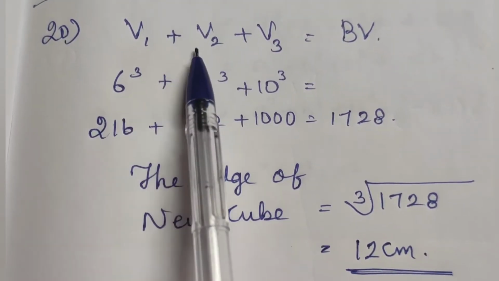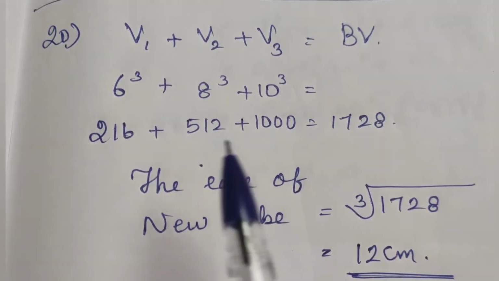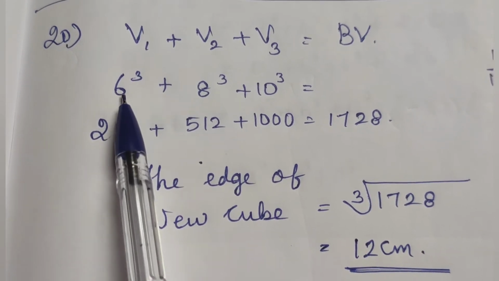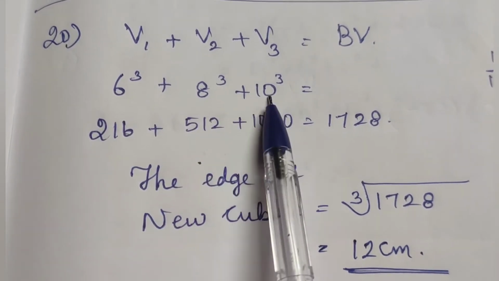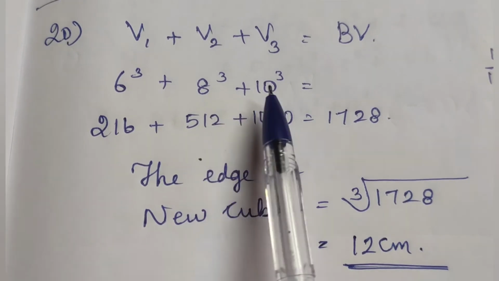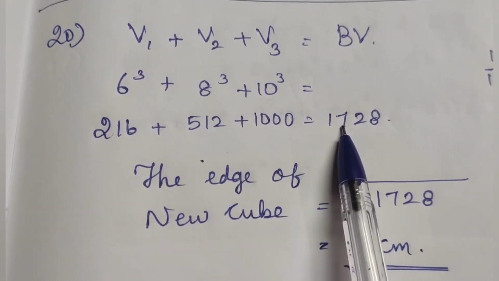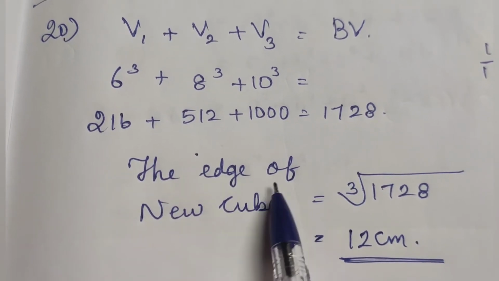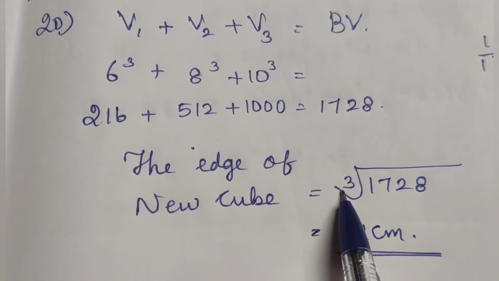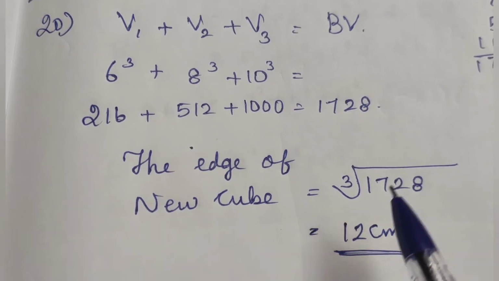We want volume 1 plus volume 2 plus volume 3 equal to the bigger volume. Volume 1 side is 6, second one side is 8, third one the side is 10. So 6 cube plus 8 cube plus 10 cube is equal to 216 plus 512 plus 1000 equal to 1728.